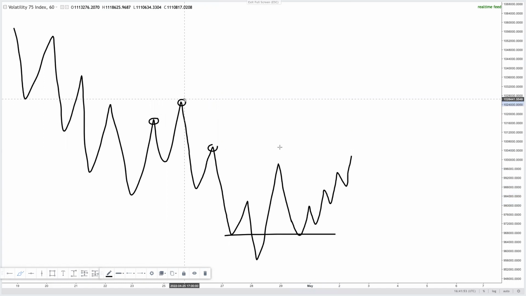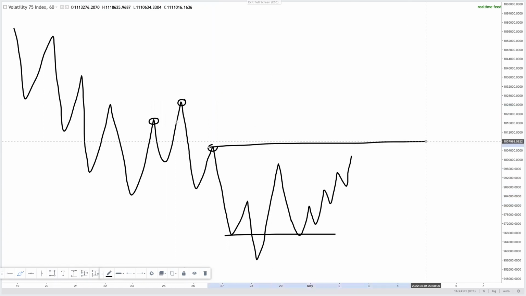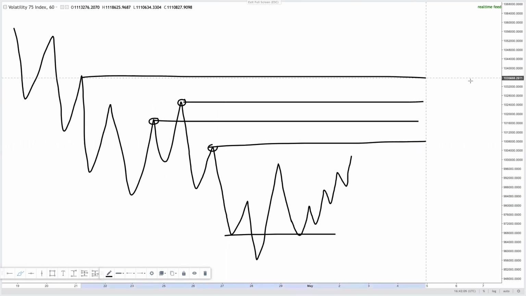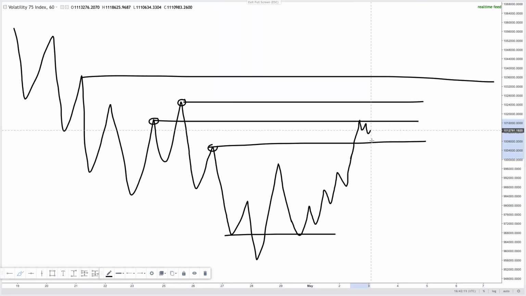Sell entries will be my take profit only if price respects those entries. So if price comes to this entry right here and respects it, let's say it creates some lows, that means I will close my position.